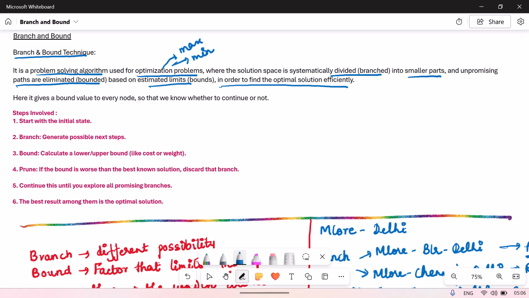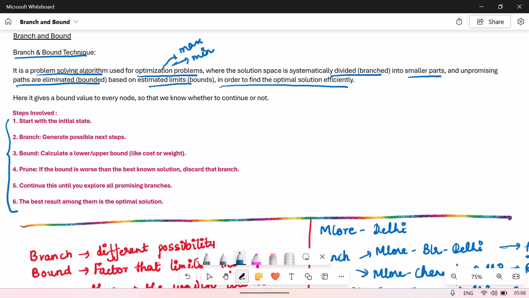And I told you there will be different steps. First, start with the initial state. Then we go to the branch step where we generate the next steps. Then bound. Bound means calculate the limit. It will be an upper bound in some maximization problems, or in case of minimization problems, it will be a lower bound. Then prune. Prune means if the bound is worse than the best solution, discard that branch.